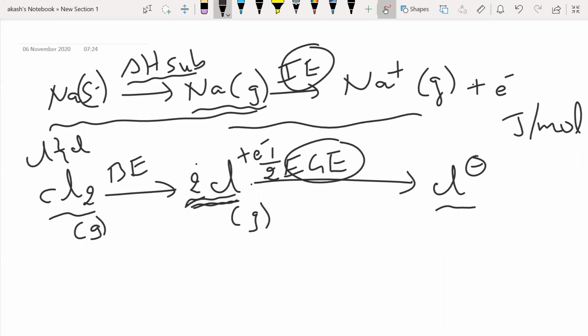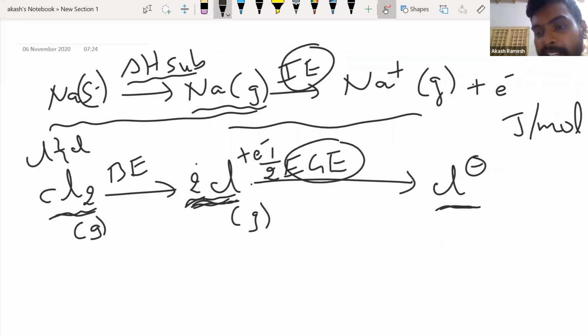Okay, fine. So again, I'll repeat, why am I supplying only half the electron gain enthalpy? I have 2 chlorine atoms formed from the atomization. Now I require only 1 Cl minus, because I know the stoichiometric ratio between Na plus and Cl minus is 1:1. I require 1 Na plus and 1 Cl minus.